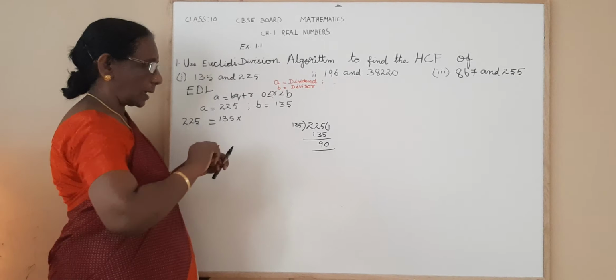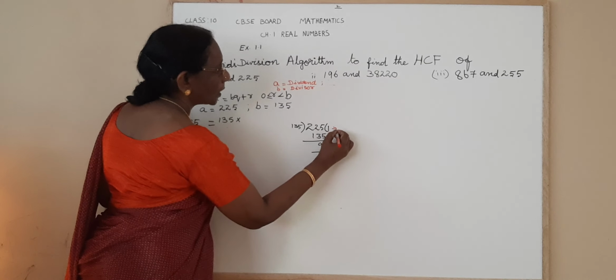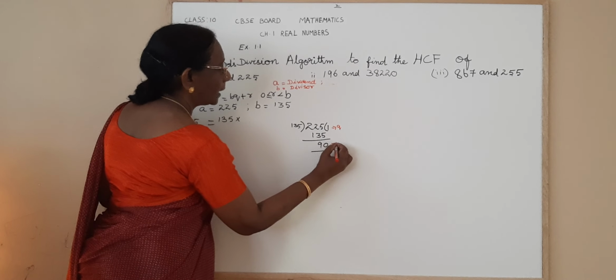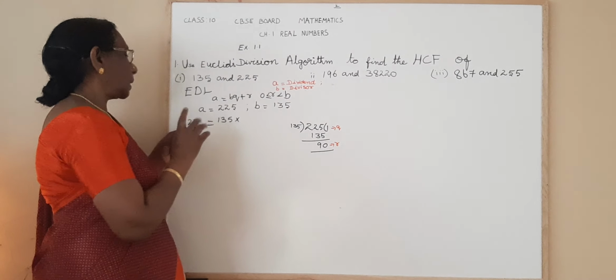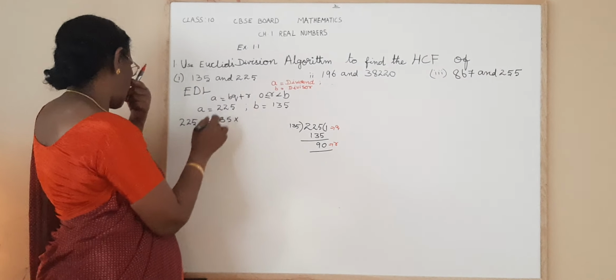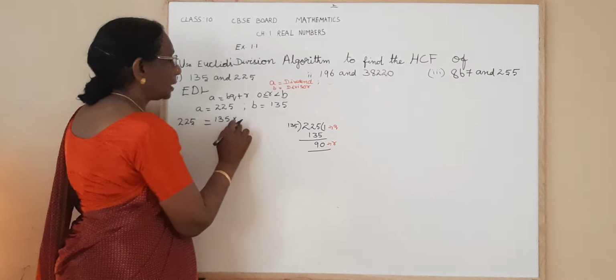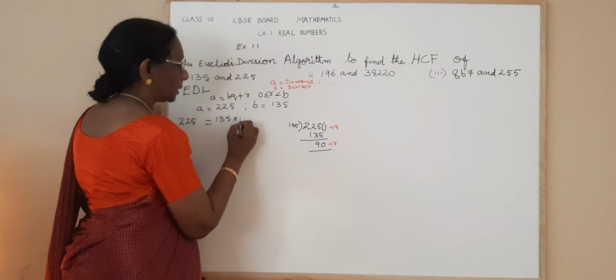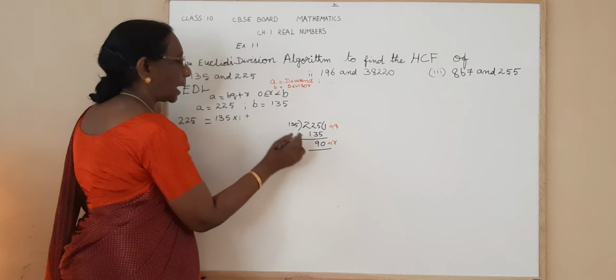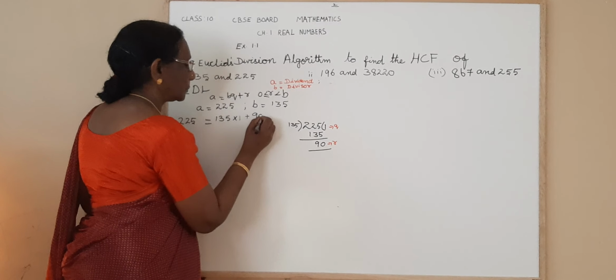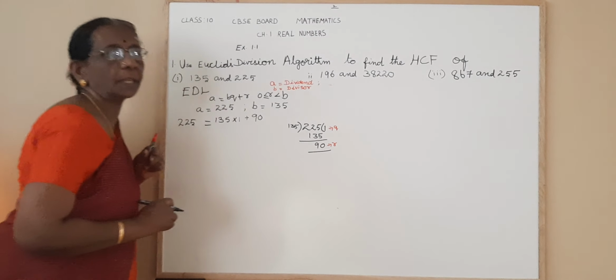So we find the quotient and the remainder. Let us complete this. a is equal to bq plus r, that is 225 is equal to 135 into 1, that is the quotient, plus the remainder is 90. So the first step we have completed.